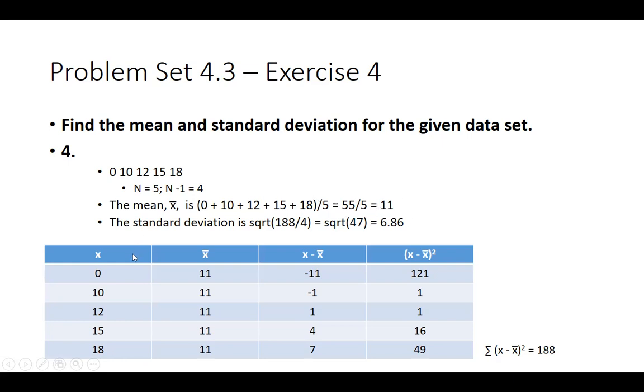So remember, to find standard deviation, our first column is a column with rows for every data point. So a row for 0, a row for 10, a row for 12, a row for 15, and a row for 18.